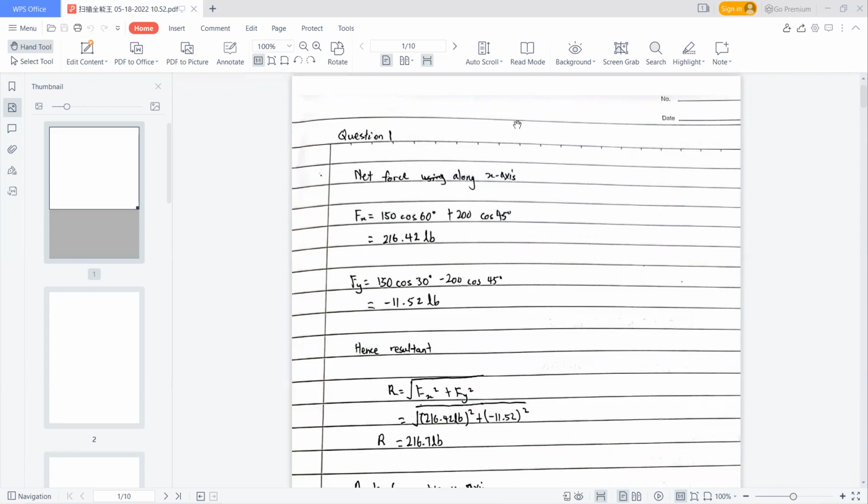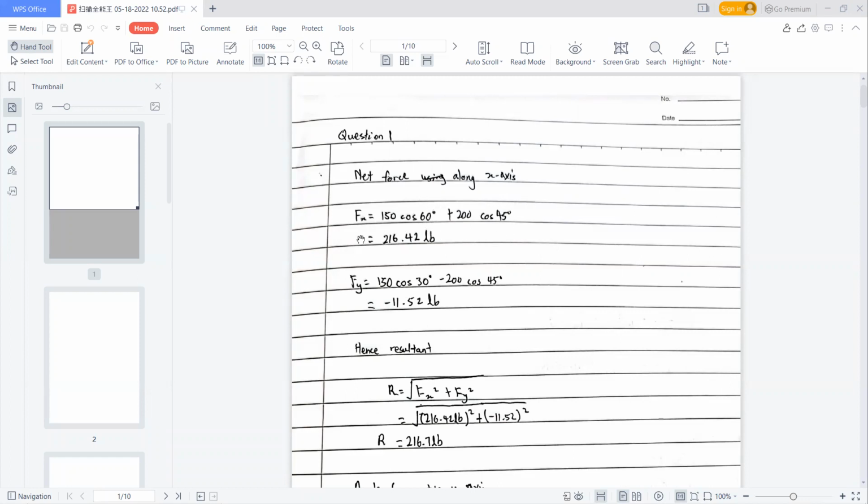So for the assignment, question one, we have to find the net force along the x-axis first, where F1 is equal to 200 Newton and F2 is equal to 150. Along the x-axis, we will have 150 cos 60 plus 200 cos 45 degrees.